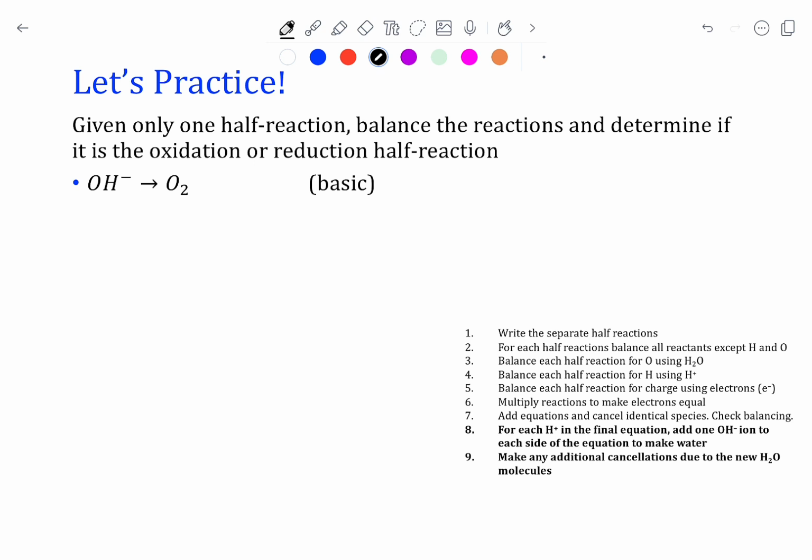So for this problem, we're still given only 1 half reaction, and we want to balance the reaction and determine if it's the oxidation or reduction half reaction. So I have OH minus turning into O2, and now I'm given that it's in basic solution. So we're going to follow our steps exactly as we have it. Again, we don't need to do step 1 since we're only given 1 half reaction.